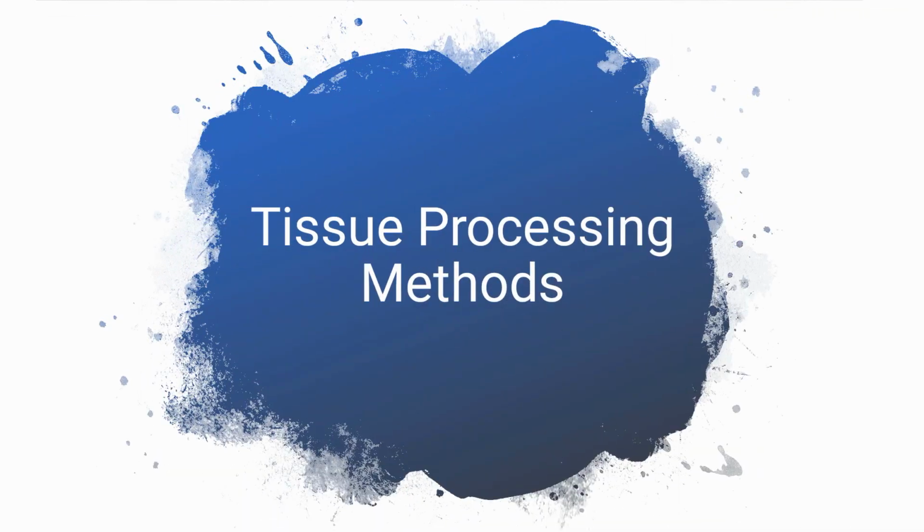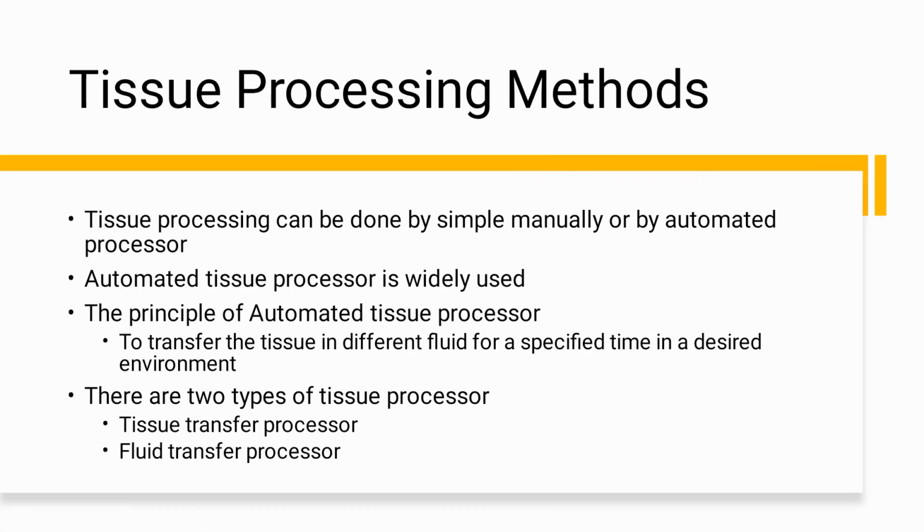So what are the tissue processing methods that are performed in the laboratory? It can be done manually or by the automatic processor, and almost everywhere the automatic processor is used.